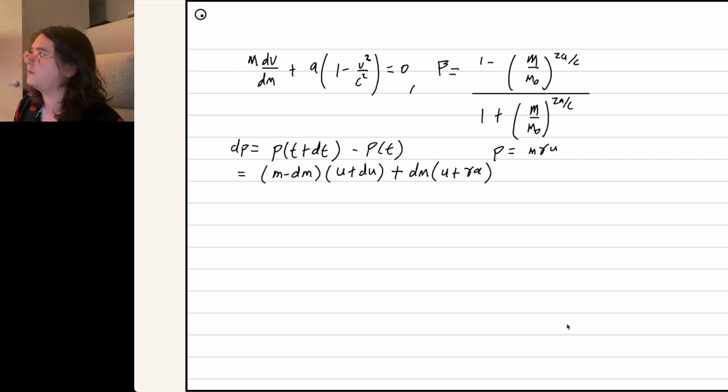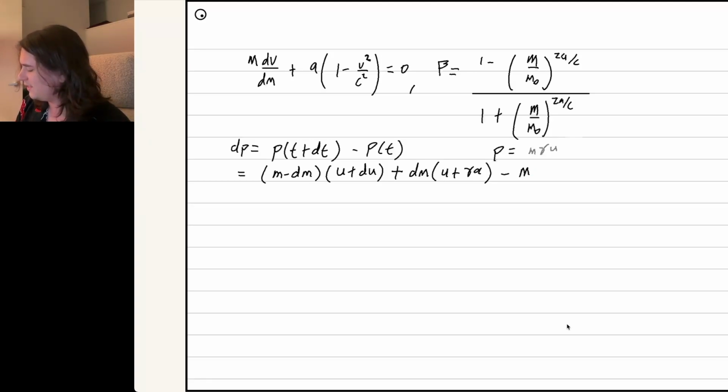The a has to have a Lorentz factor applied to it because we're solving the problem all in the same reference frame, and a happens to be the velocity of the exhaust gases relative to the rocket. So you throw a Lorentz factor on there, and so everything matches in the reference frame, and then minus m.